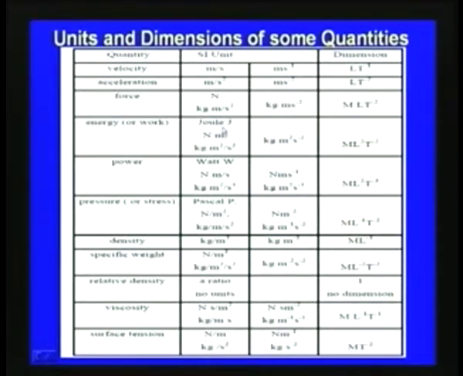The next one is energy or work. The generally used unit is joule or Newton meter or kilogram meter square per second square, represented as kg m square s to the power minus 2. So, the dimension is M L square t to the power minus 2.